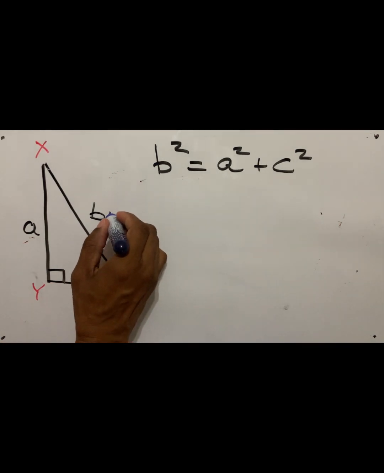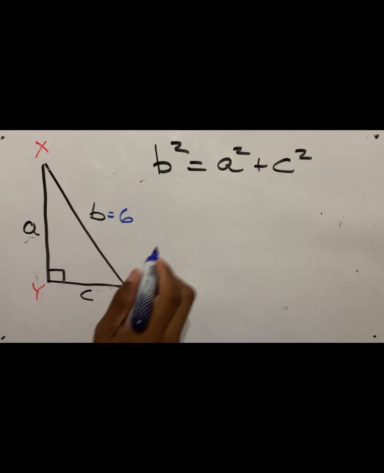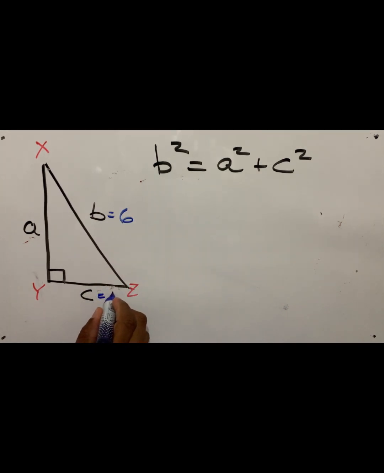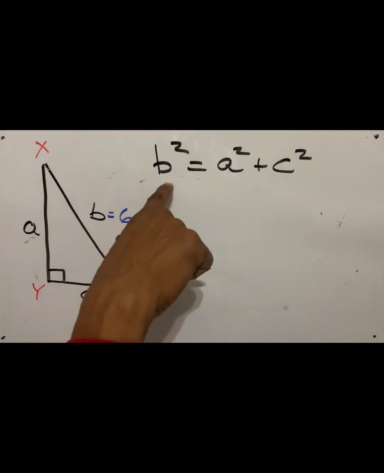Let's say b is equal to 6 and c is equal to 4. All right? So now we have the length of the hypotenuse, we have the length of this side, but we don't know the length of right here. We still do the same thing that we would have done in this formula.